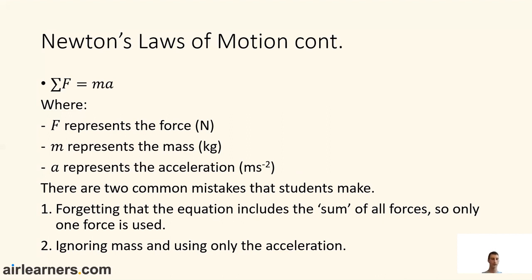And then another thing is using only the acceleration and ignoring the mass altogether when finding the force. Probably a slightly less common error, but it's still something that happens a lot. I've seen it a few times. Again, I've made that mistake, so it's just about accuracy, making sure that you go over your work so that you avoid them. Now, this formula is probably the most widely applicable formula in physics study design, so it's really important that you use it and know how to use it.